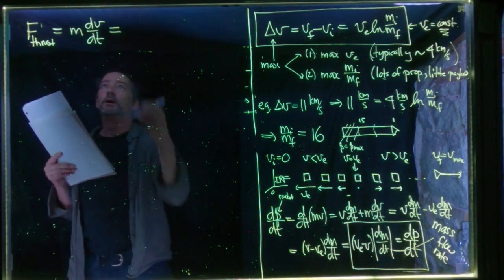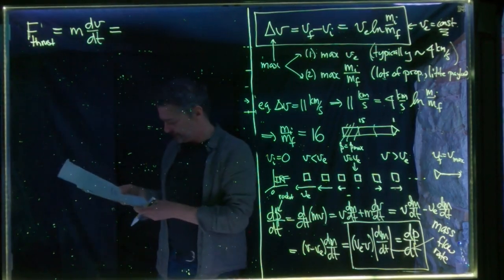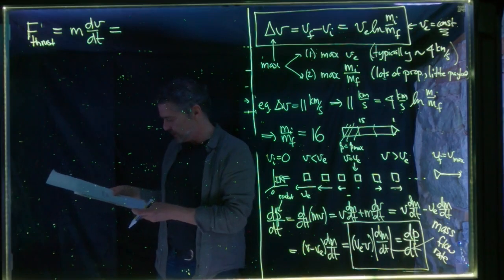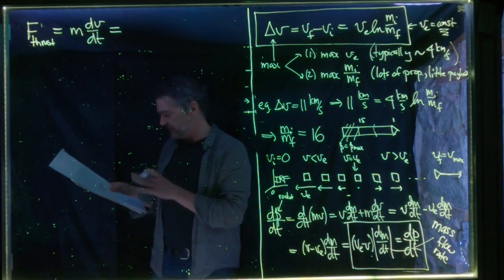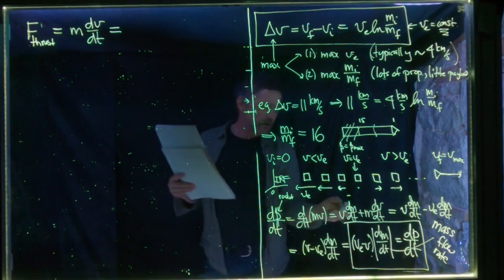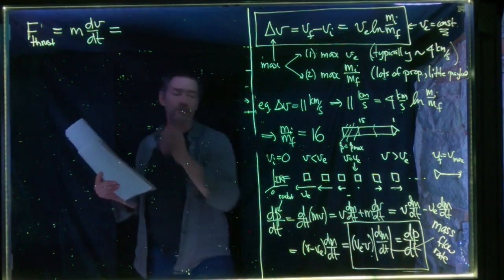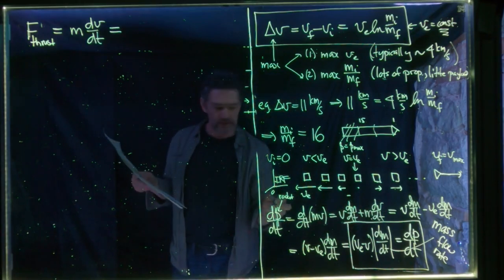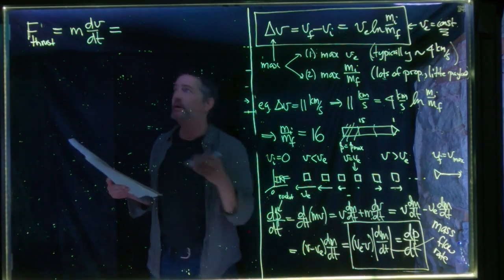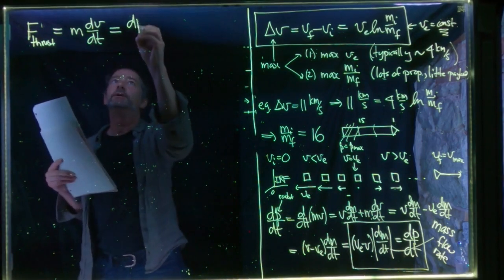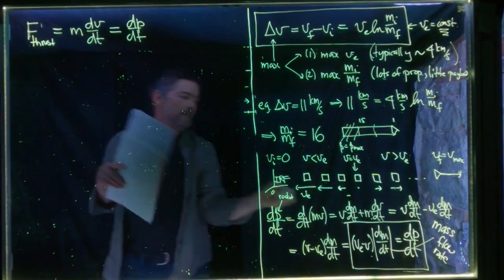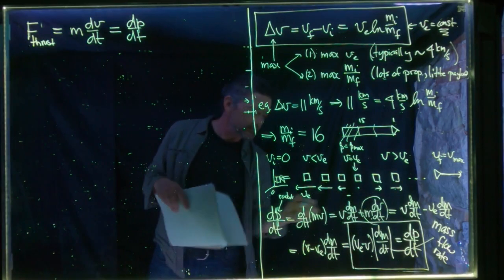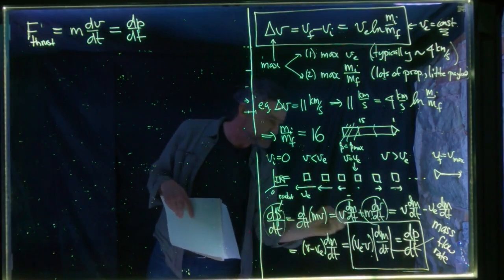And so this m dv/dt, if we just look back, we had dp/dt, well, here we have it. We're looking at m times dv/dt. So m times dv/dt is equal to dp/dt minus this term. So m dv/dt is dp/dt minus v dm/dt.